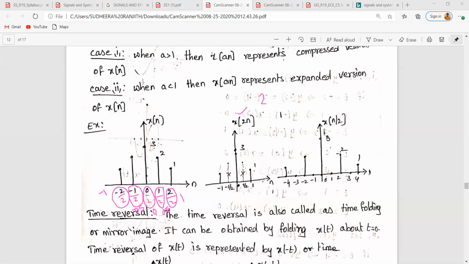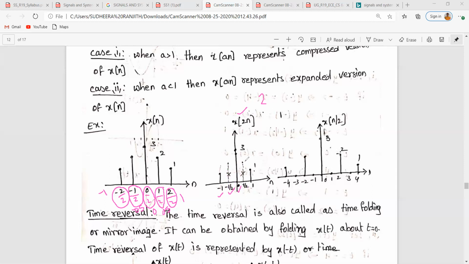But by definition, what is a discrete time signal? A discrete time signal is defined only at integer values of time or discrete instances of time, isn't it? But the resultant signal is defined at minus 1, minus half, 0, plus half, plus 1. We can't consider these non-integer value samples. We can't consider the samples mapped at n equal to plus half and n equal to minus half.